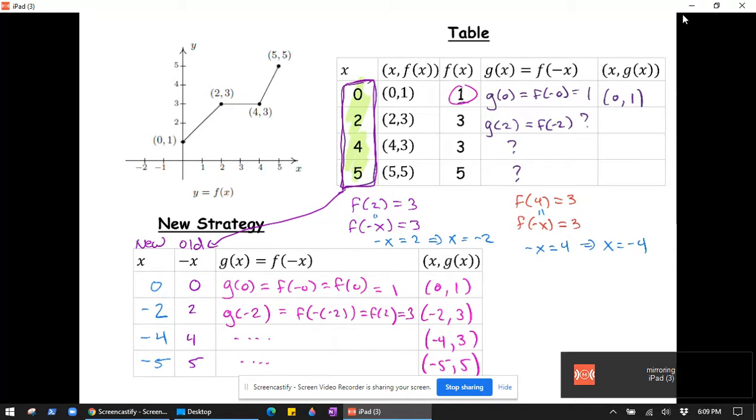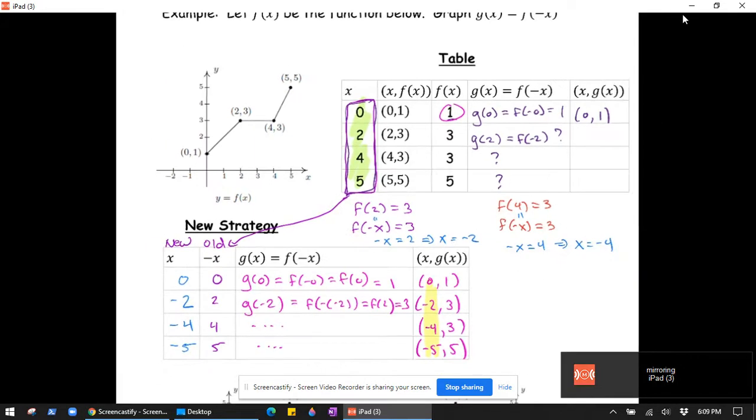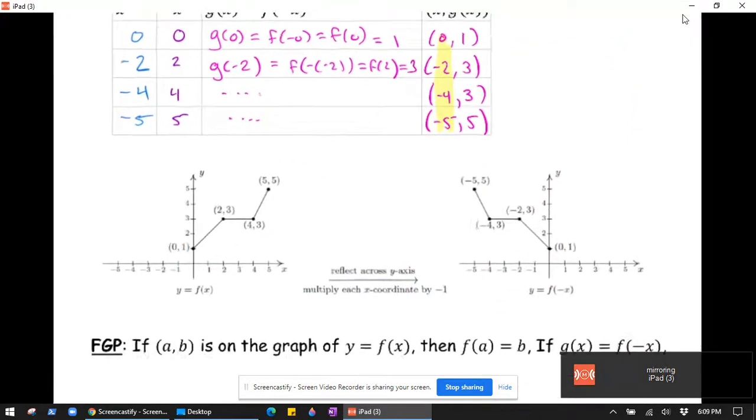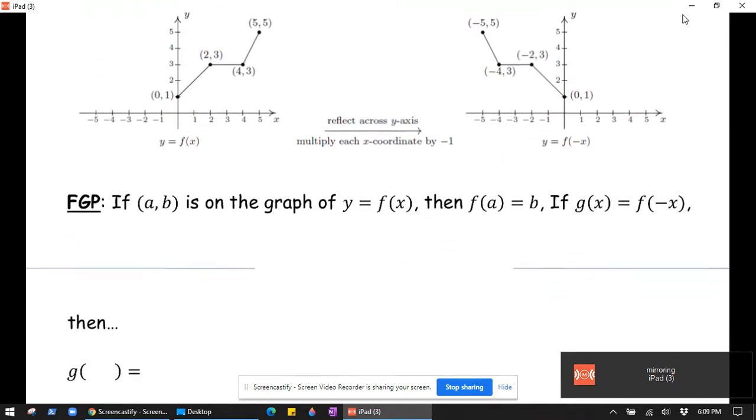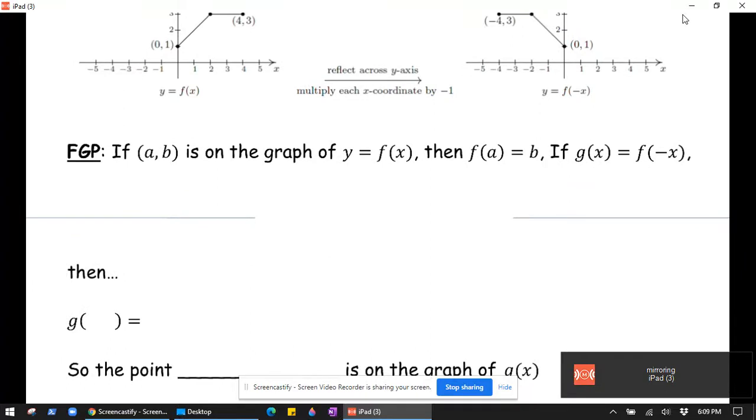What you should notice is that your x values here are the exact opposite of what they used to be. That causes a reflection over the y-axis. And if we go look at the graph, when we plot those points, our old function gets reflected across the y-axis.